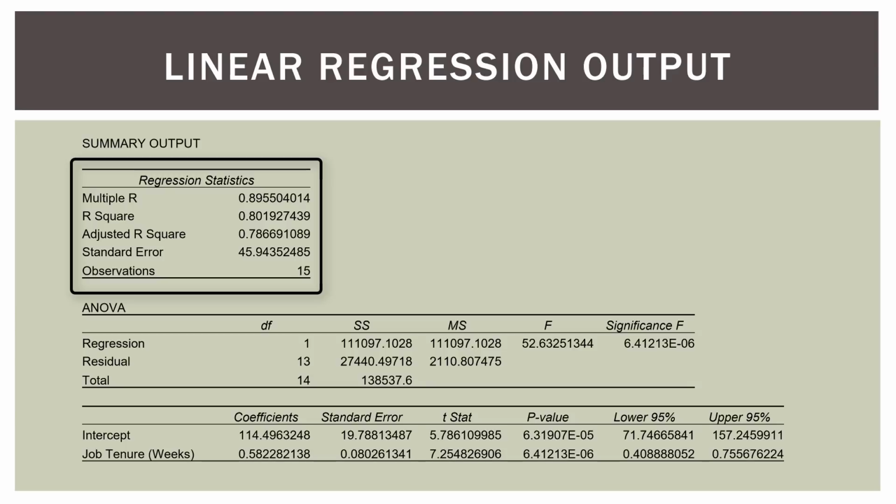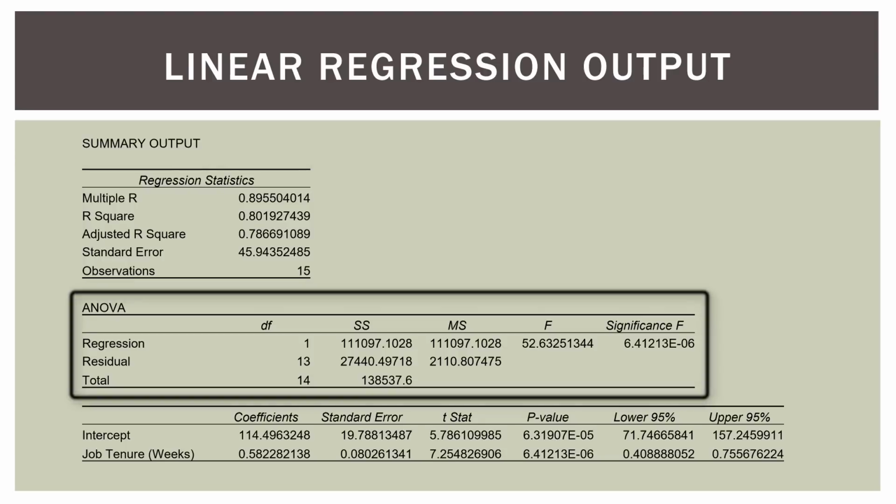What we can say is that the number of weeks a salesperson is at Buckley's Used Cars explains about 80% of the variance in the number of cars they sell. So it's a pretty good explainer of the variance in our model. We can see that the standard error there is 45.94. Remember, that is a measure of how well the observations fit around the regression line.